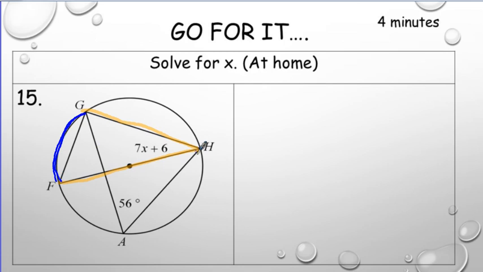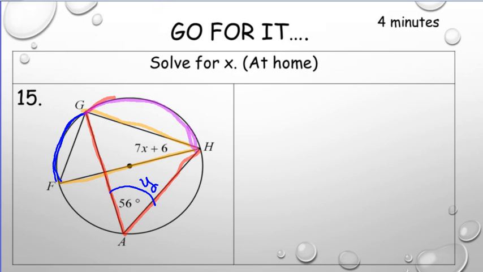So this is an inscribed angle, and they didn't give me anything to help me out with this, but they gave me enough on the picture. So if I look here, I notice I do have a 56, so I'm going to highlight that in red. That's an inscribed angle, and since it is an inscribed angle, I know some stuff. So I know that this is y, so the intersecting arc, which is out here, I'm going to put that in purple.